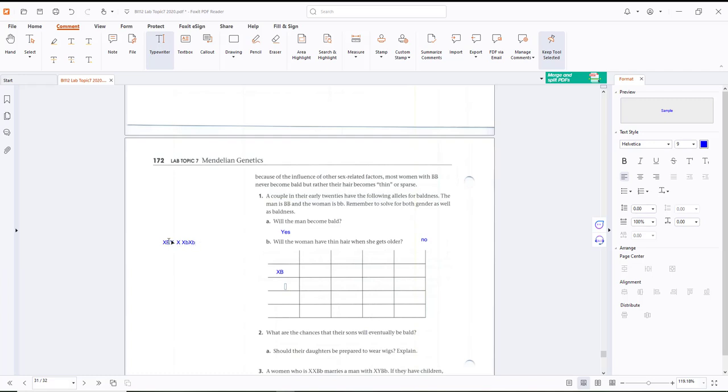That's wrong. I'm sorry. So what we're going to do is we include the, so he is X, Y, and then he's big B, and she's X, and she's little b. So let's get rid of that, okay?